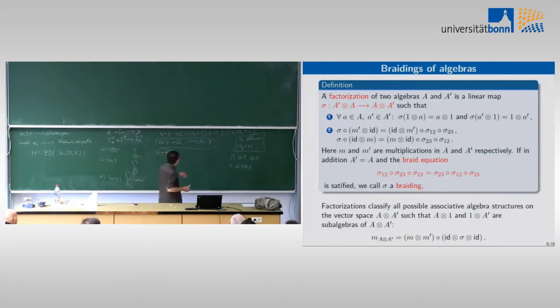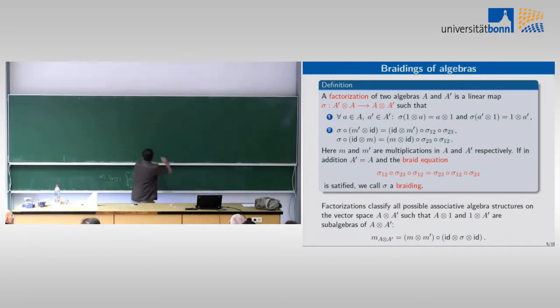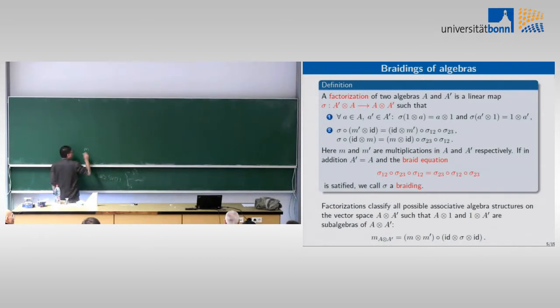And of course, the multiplication, which is not visible, so let me write it. The multiplication for this new algebra structure is given in the following way: it goes from A tensor A prime tensor A tensor A prime.